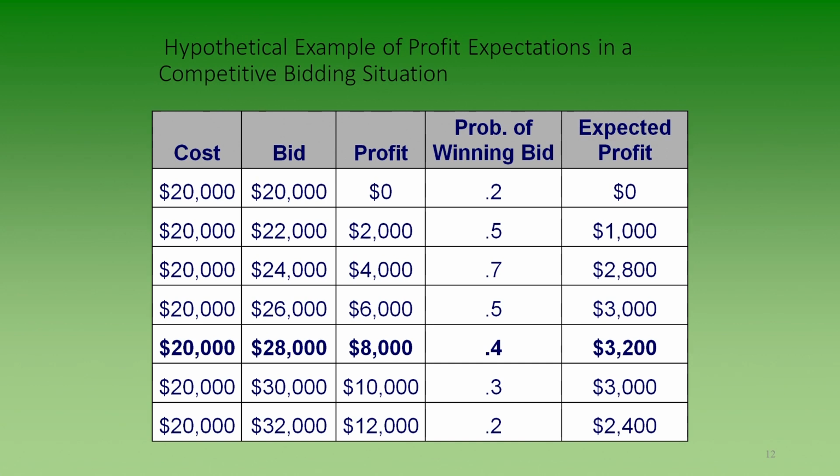It can therefore be an educated estimate by the executives. So, at $26,000, 6,000 profit, probability 0.5, the expected profit is 3,000.